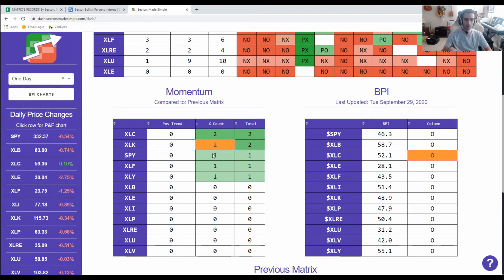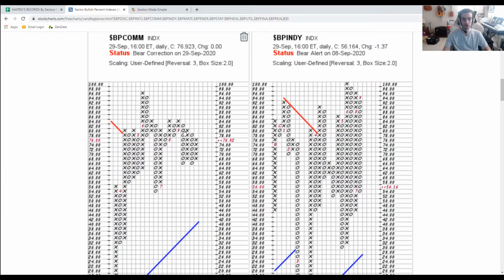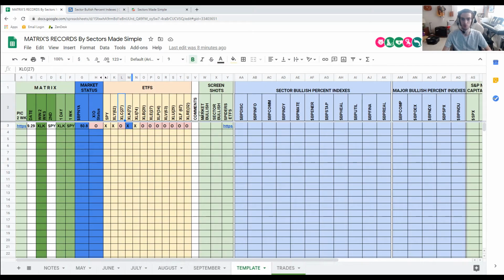So when you're looking at sectors, or when you're looking at the ETFs for these sectors, when you look at stock charts, this is only the companies in the S&P 500. So because of that, we will take those sector ETFs, their bullish percents, so that all of this matches up.